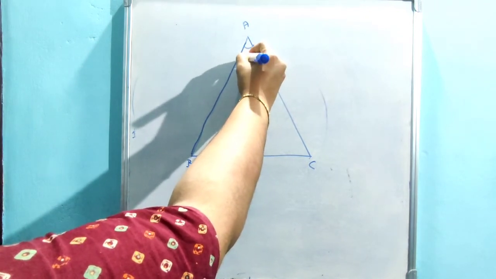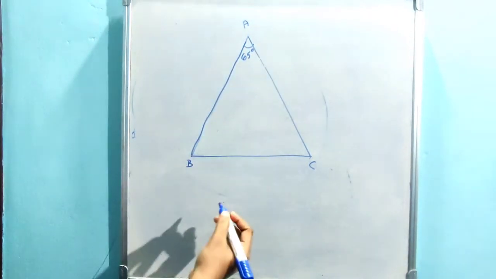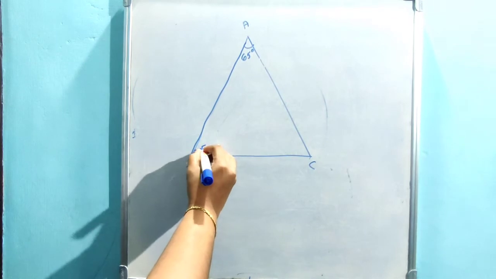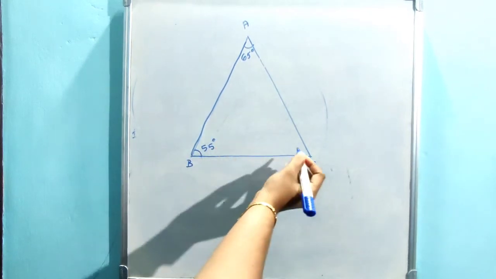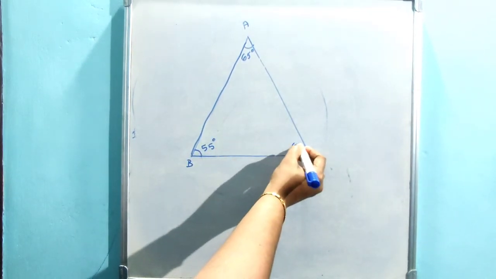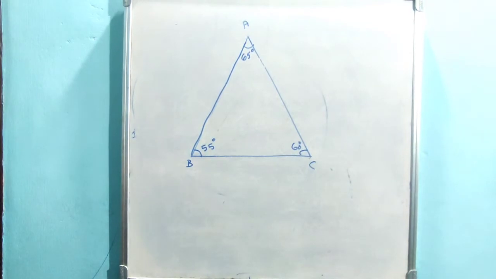Angle A is equal to 65 degree, angle B is equal to 55 degree and angle C is equal to 60 degree. Now using the result between the circle and triangle, how do we find the length of the sides of this triangle?